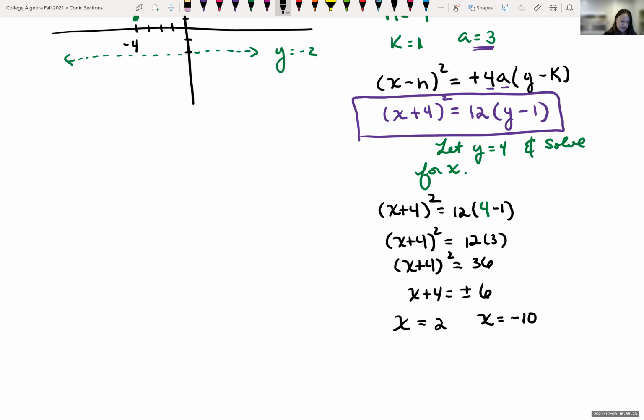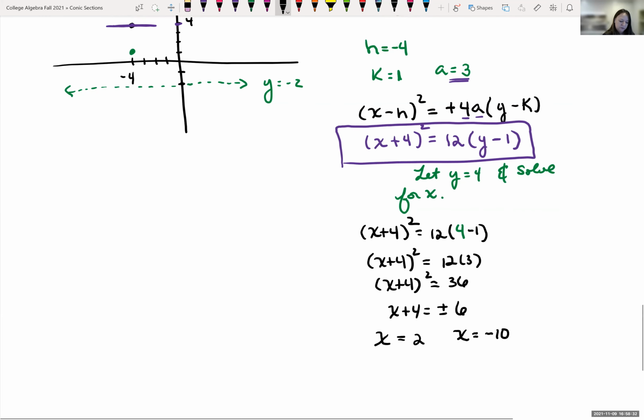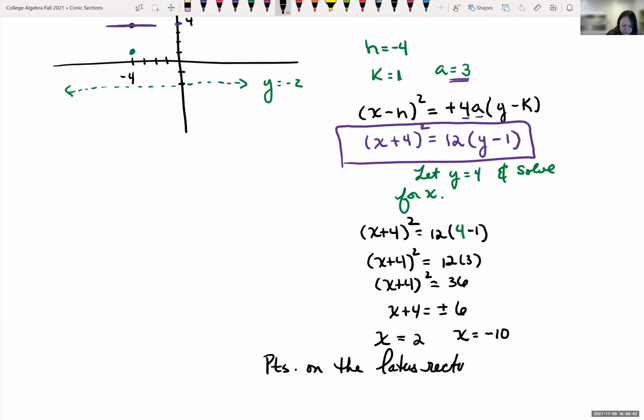So my x values are going to be 2 and -10, and my y value we know is 4. So our points on the latus rectum are (2, 4) and (-10, 4).